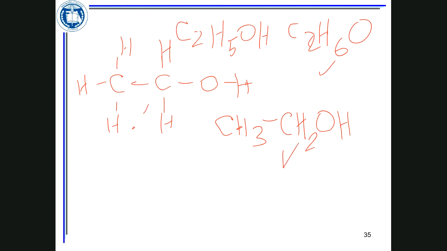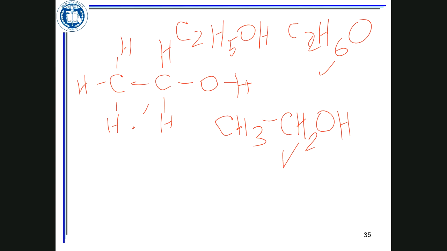We also have another formula, the line angle structural formula. So you are using lines and angles to show your molecule. Often it is used for cyclic systems, or if you have a molecule with too many carbons.